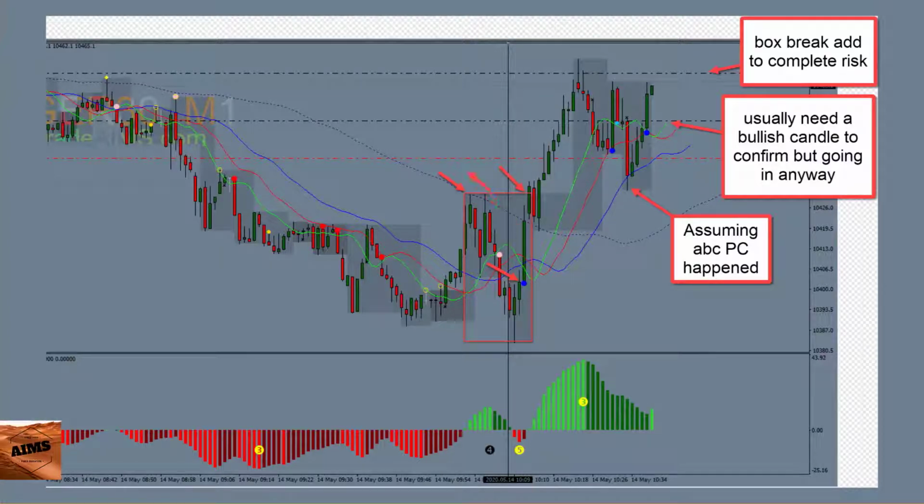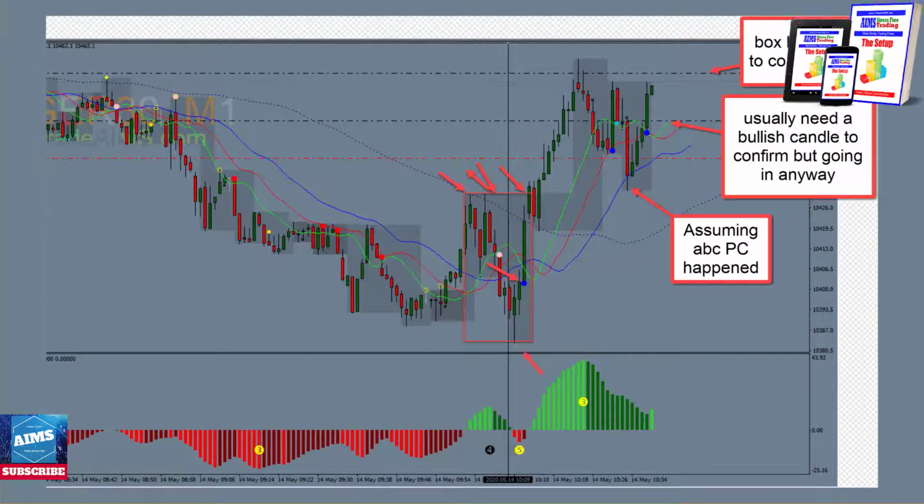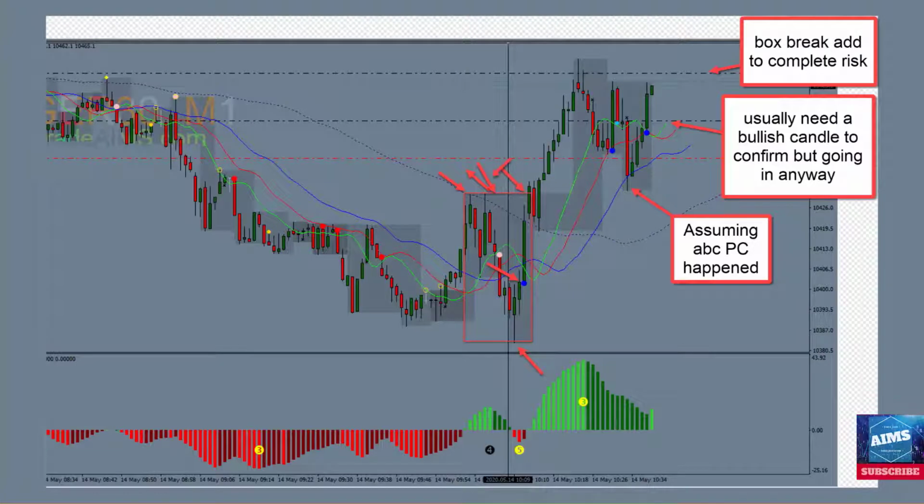It will pull back, and that is because what we believe is that between an upper AIMS level and a lower AIMS level, let me just delete some of them, this was the fresh box low, and this was the fresh box high. Between the box high and a box low, there is an Elliott wave of a certain degree.